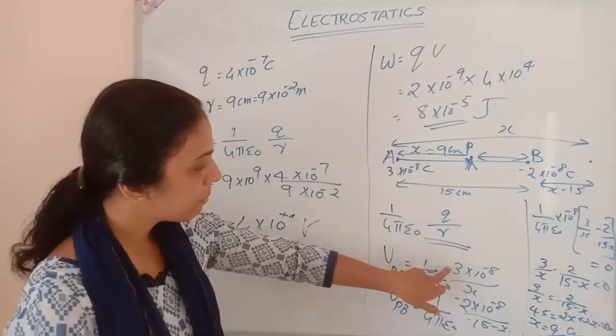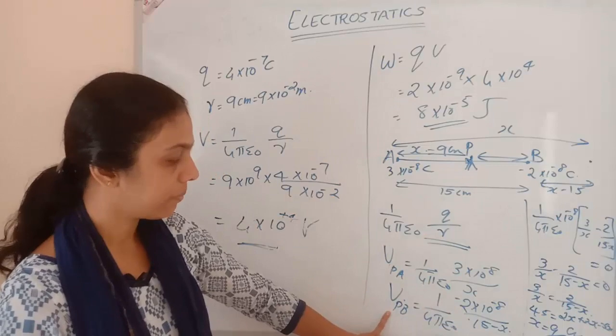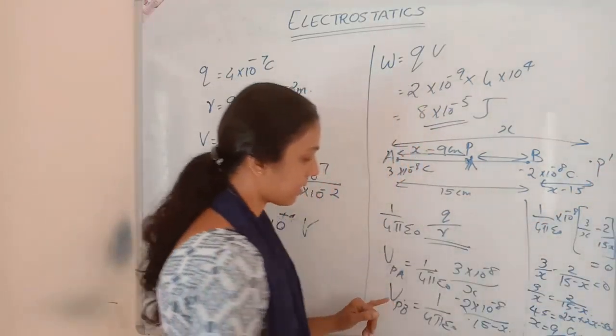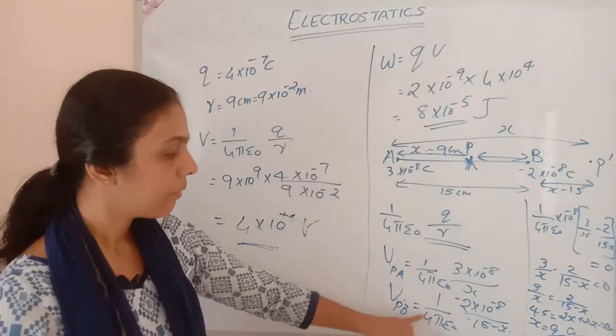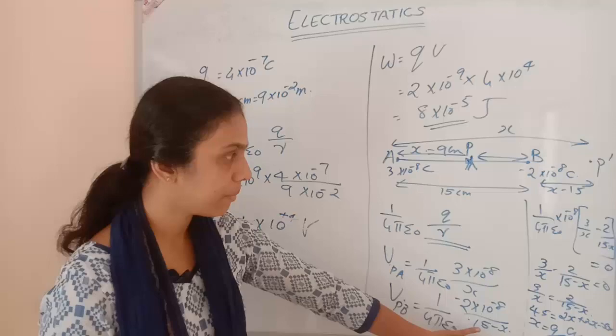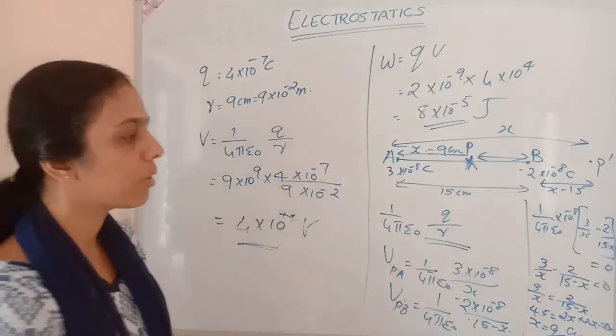So 3 by x, that's one x, correct. VB, potential at P dash, I am considering P dash due to B, 1 by 4 pi epsilon 0 times minus 2 into 10 to the power minus 8 divided by, what is this value? X minus 15. So what difference will we obtain?